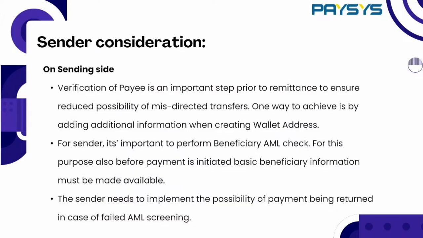So it's very important that if we are creating a large number of wallet addresses, because people can mistype things, while creating the wallet address we attach some metadata to it.